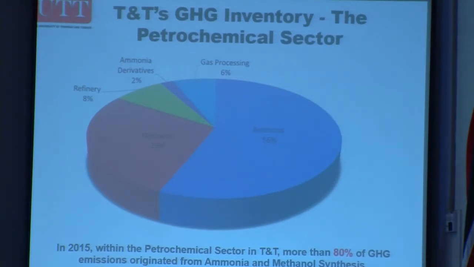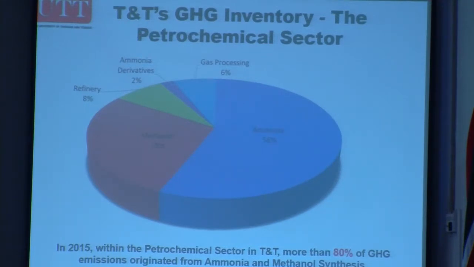So this is also something that you need to pay attention to and understand that if you really want to manage and mitigate your emissions at any significant levels, these are the sources that you would want to pay some more attention to. The others, no doubt, you can also implement measures therein, but these are the major sectors, ammonia and methanol. We'll talk a lot more about ammonia later on.